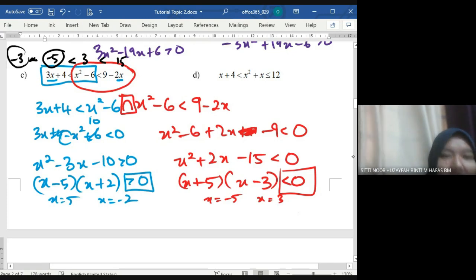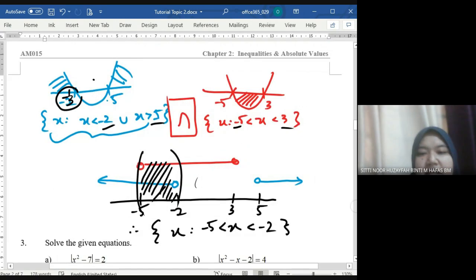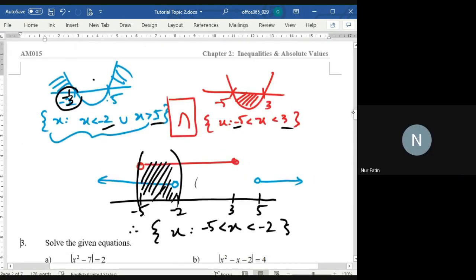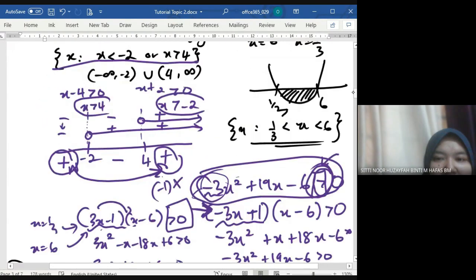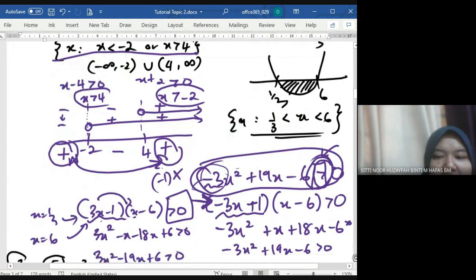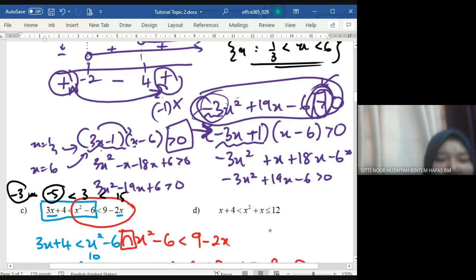Sebab kita ambil -3. Betul tak? Sebab -3 memang berada di antara -5 dan -2. Tapi contohnya saya ambil nilai kosong. Okay, saya ambil kosong. Saya masukkan balik dari dalam inequality asal. So belah kiri 3 darab kosong tambah 4, 4.